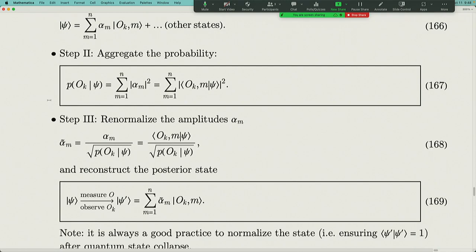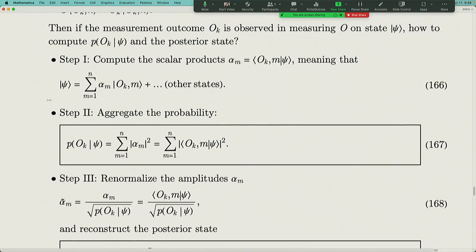This is only to renormalize the state, because if you just use the original alpha m, this is just part of the state, and the sum of the norm squares is not 1. So you need to renormalize this coefficient, and that's it.